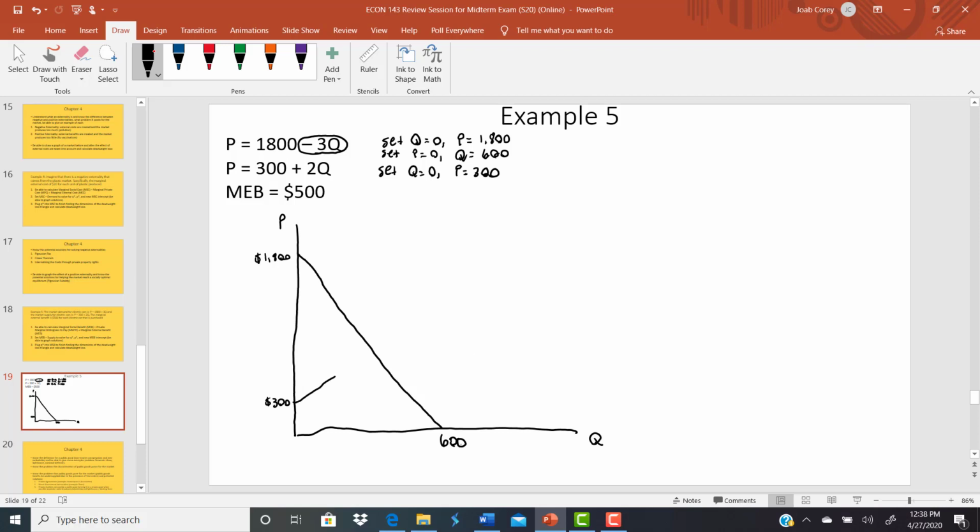And that's going to be slightly flatter than our demand curve due to the fact that the magnitude of this slope is going to be a little bit lower than the magnitude of the slope for our demand curve. And again, you know that 300 plus 2Q is a supply curve because Q and price are positively related there.